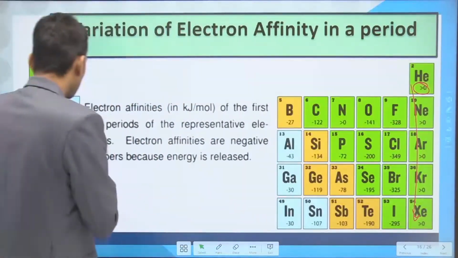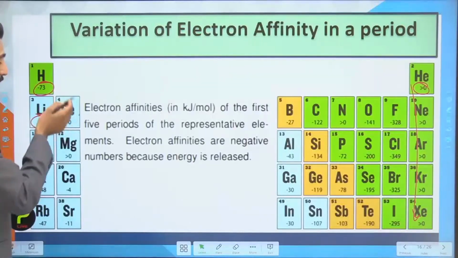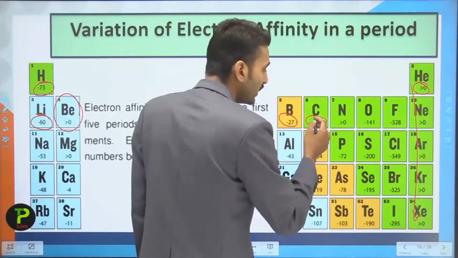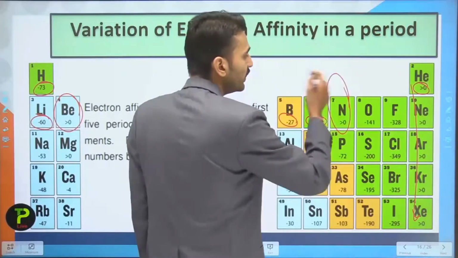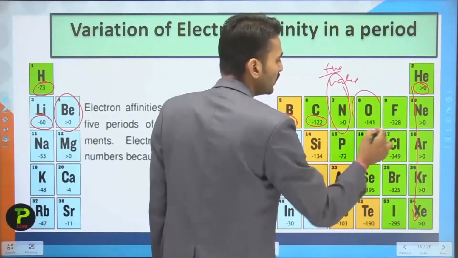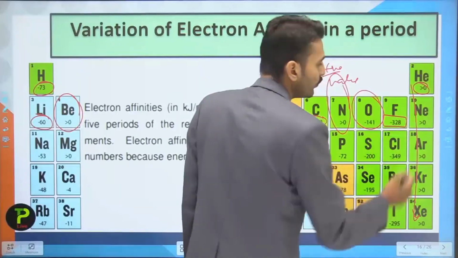You can also see the value for lithium, that is -60. For beryllium it is greater than 0. For boron it is -27. For carbon it is -122, and for nitrogen it is a positive value. For oxygen it is -141, and for fluorine it is -328.